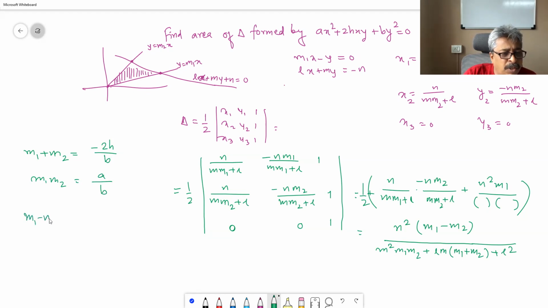Therefore, m1 minus m2 whole square is equal to 4h square upon b square minus 4a upon b. This is this square. Is that right? Which is equal to 2 by b radical h square minus ab.